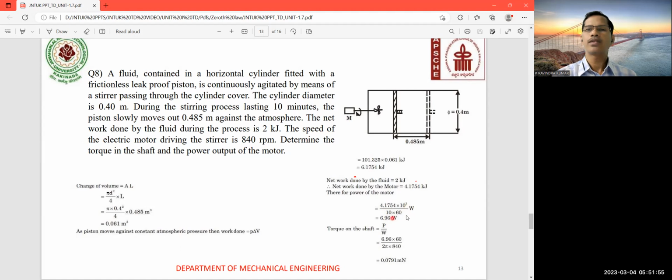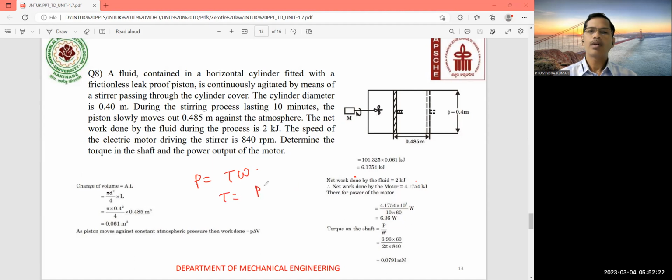The formula, you should be careful, power is equal to T omega.